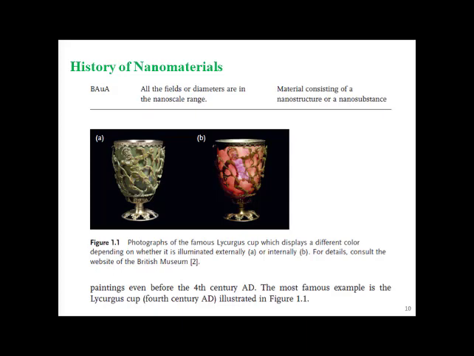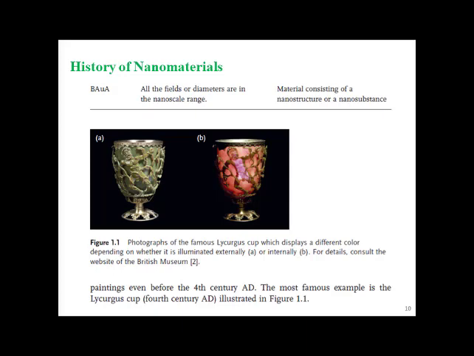and paintings, even before the 4th century AD. The most famous example is the luxurious cup you can see in the figure, 4th century AD, illustrated in figure 1.1. This extraordinary cup is the only complete historic example of a very special type of glass known as dichroic glass that changes color when held up to the light.